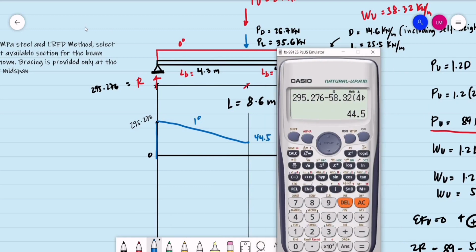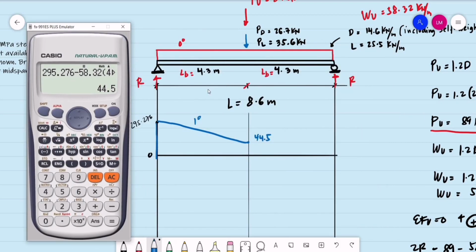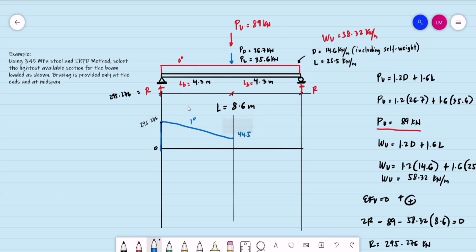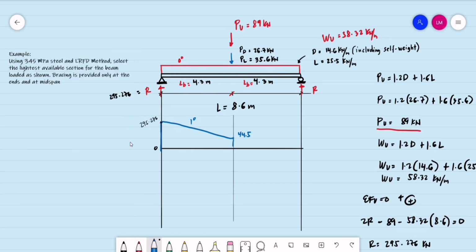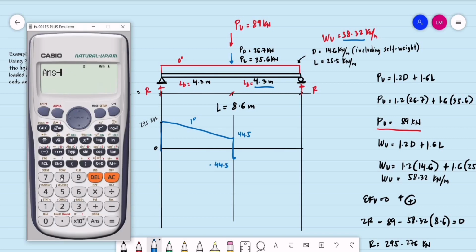Then 44.5 kilonewtons less that downward ultimate concentrated load, minus 89, will give us negative 44.5. Then negative 44.5 less again 58.32 multiplied by this span, 4.3 meters.